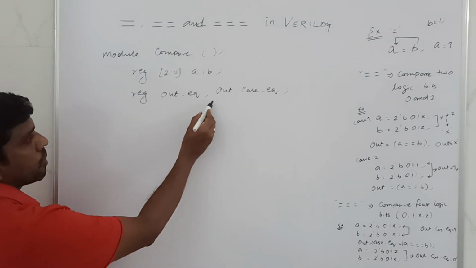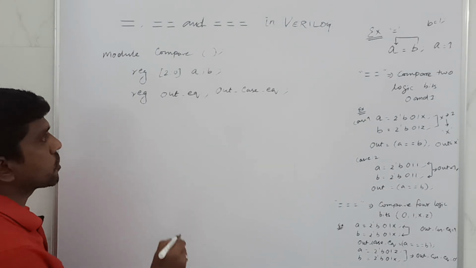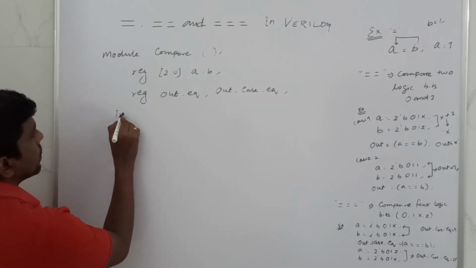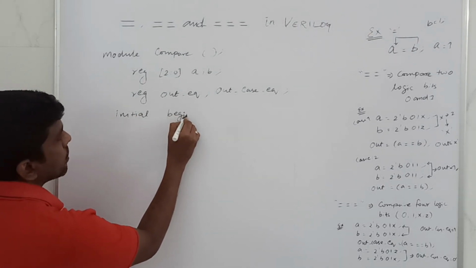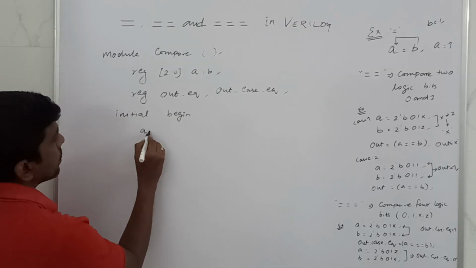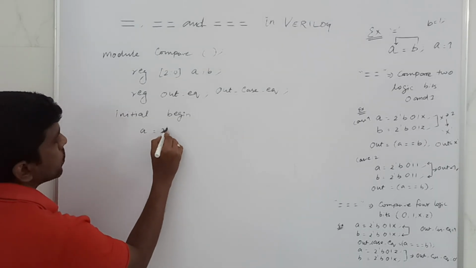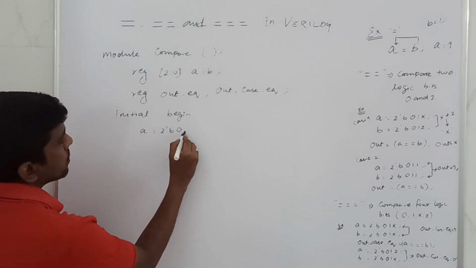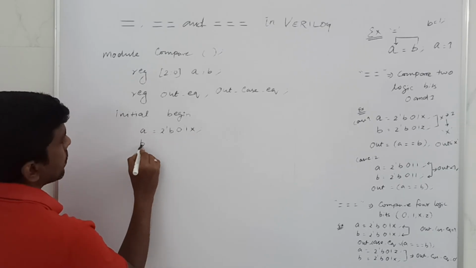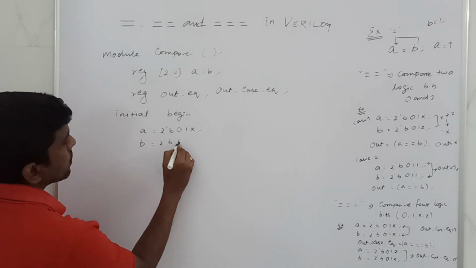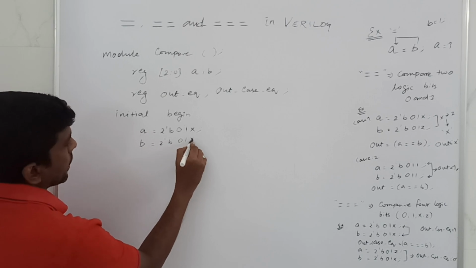Then out_equal, out_case_equality. Then initial begin, a = 2'b01x, b = 2'b01x.